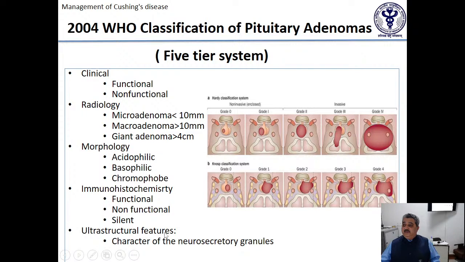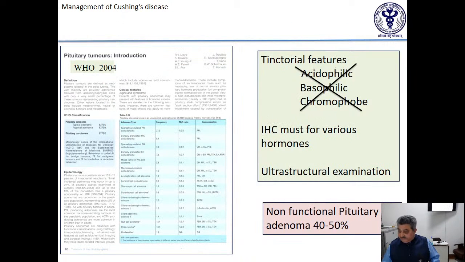Unfortunately, at that time, ultrastructural examination was more prevalent, so they introduced how to study the character of these neurosecretory granules and the individual cells, which is a very laborious exercise.